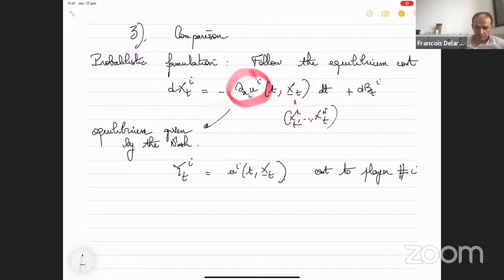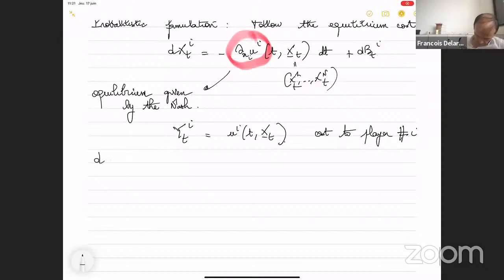And I could be tempted to follow the arguments that we used on Monday, or maybe Tuesday, I don't remember, this was Tuesday, to expand this cost by means of Ito's formula. And so you compute dY_t^i. And to compute this, you use the Nash system, so you use the PDE. I'm not going to make the computation. This is Ito's formula plus the Nash system.